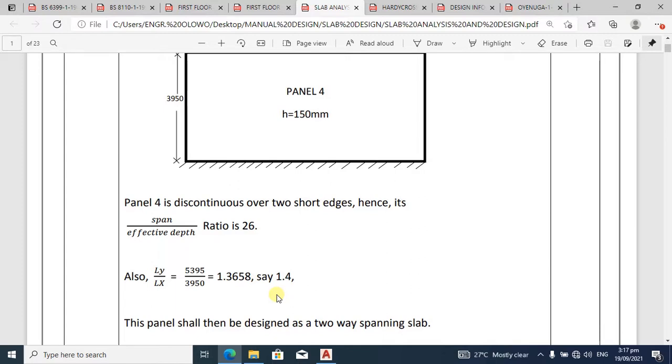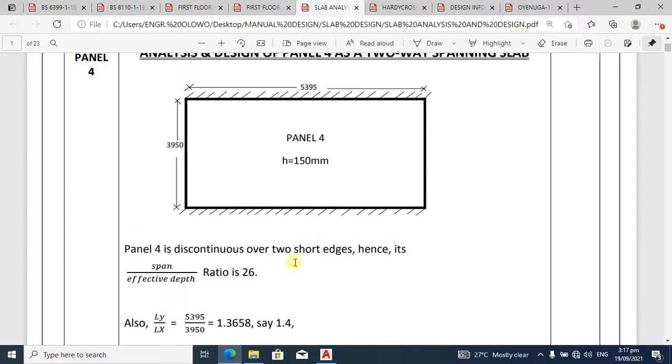I repeat. Because if you are used to this, your design might not be economical. You might end up wasting reinforcement unnecessarily. Now, the general idea is that once the length of your shorter span is less than 3.6 meter, such panel can economically be designed as two-way.